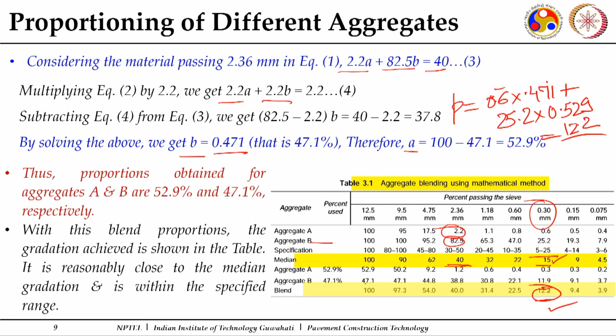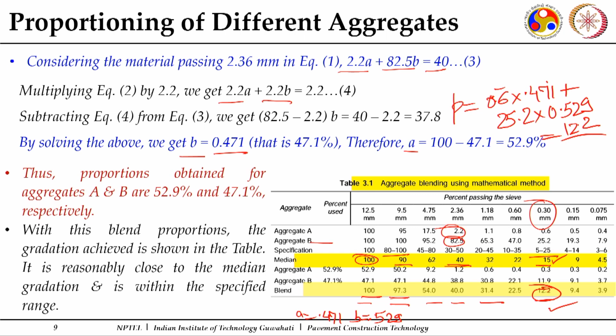So, now with this particular blend, with A as 0.471 and B as 0.529, I am trying to see whether it is coming in the ranges. Then I saw, okay, here 100% was my requirement, here 100 came. Here the range was 80 to 100, the target was 90, I got 97.3.